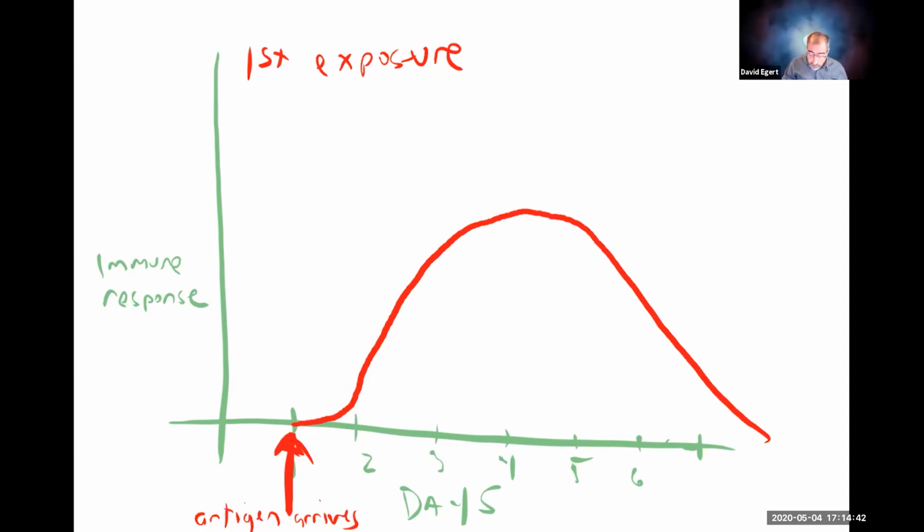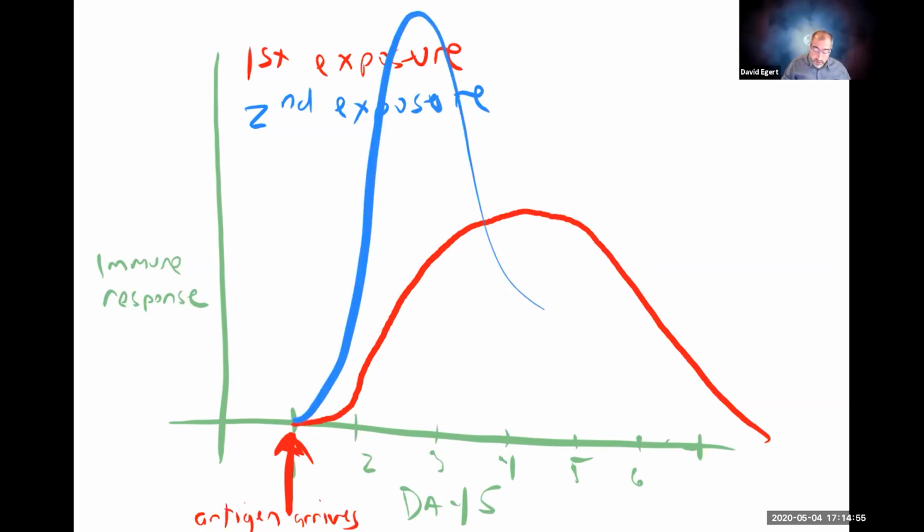On a second exposure, your memory cells say, I know that, and boom, you've got this really fast, strong response. Basically, you never get sick in the first place because your body has been able to neutralize the thing before it ever had a chance to start replicating and taking over and making you sick.